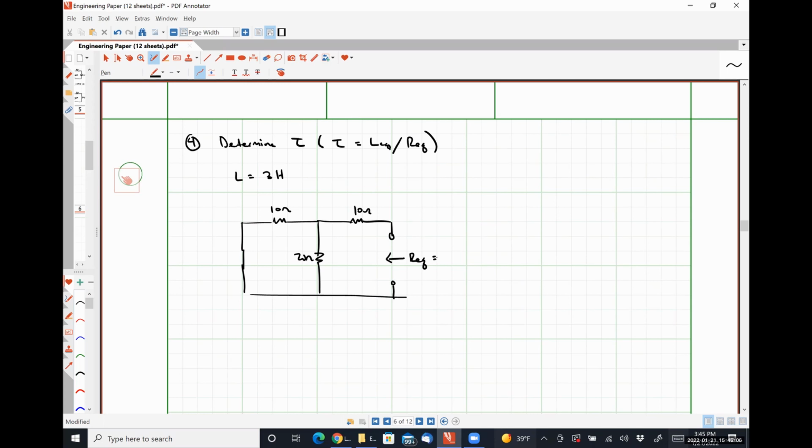So what do we see? Don't have to give me a number, just tell me what's up. What does it look like? Yeah, so we see a 10 ohm resistor in series with a parallel combination of 20 and 10.